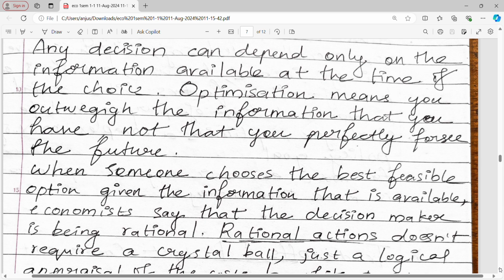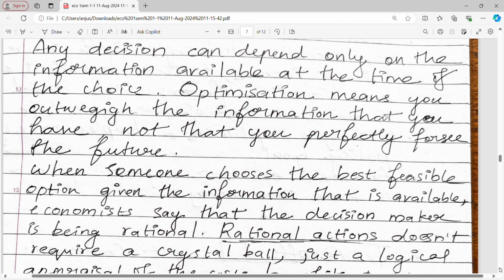The weather forecast was not available. So the present day the weather was good, so you made your decision to travel to Goa. But unfortunately, the very next day it rained heavily. The future is not with you. What is with you is only the available information at this point of time when you decide.